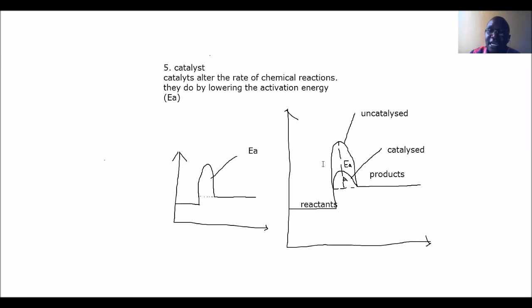You can get a diagram in any exam that looks like this, and then you are told to explain the diagram, or you are told to label which one of these hills represents a catalyzed process or a catalyzed reaction. I want to give you one example of a chemical reaction where a catalyst is used.